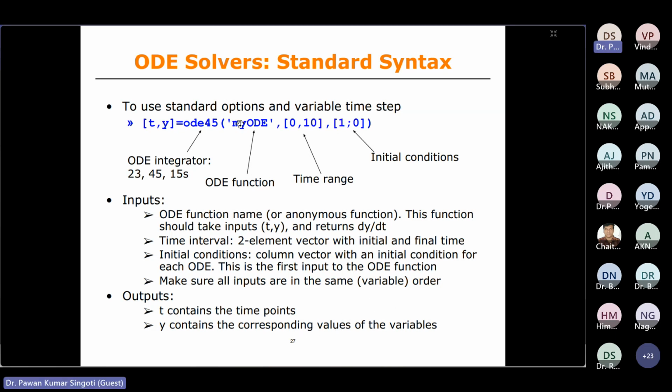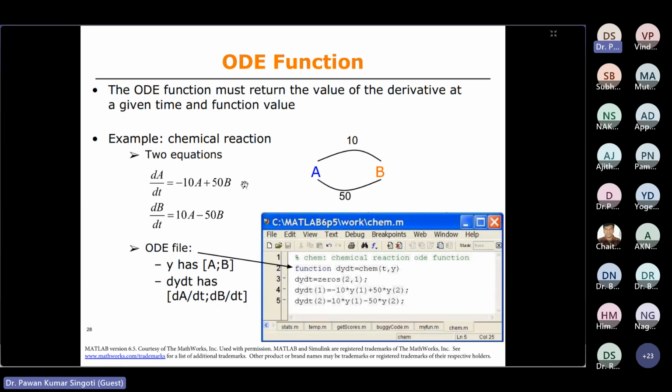So this side you have inputs and this side you have outputs. This will be your ODE function, and this will be your integrator ode45, or whichever of ode23 or ode15s. This is the standard syntax for the ODE solver.